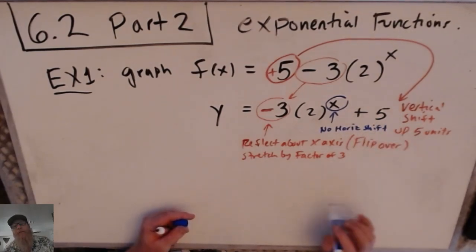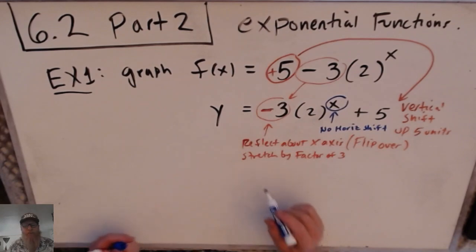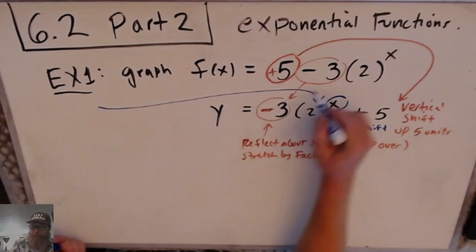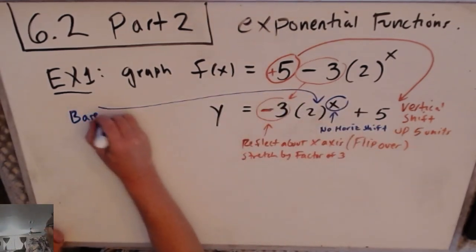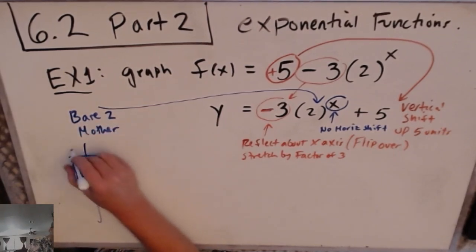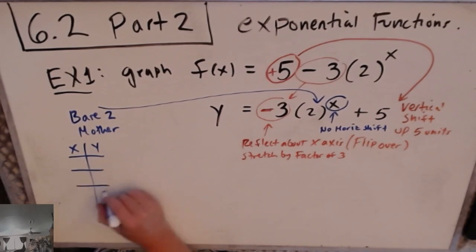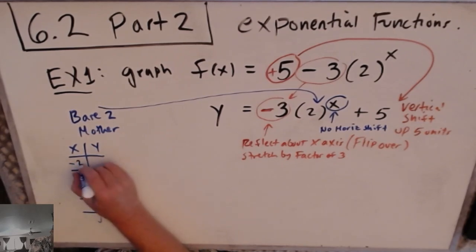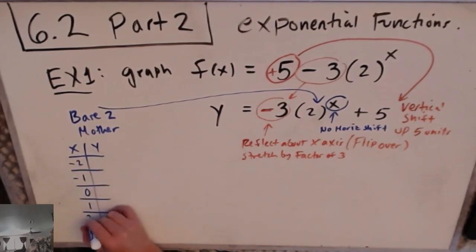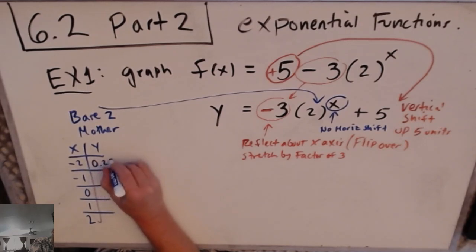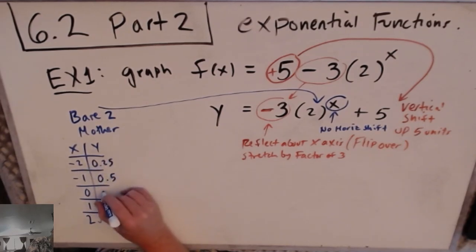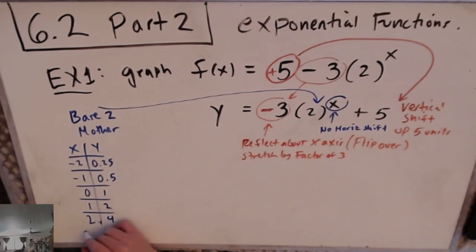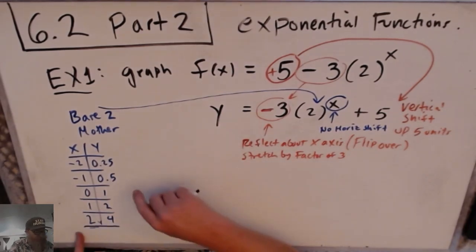The graph is not being shifted horizontally. The base is 2. That's our mother function. Review your notes from the previous lecture to get the x and y values for the base 2 mother function.